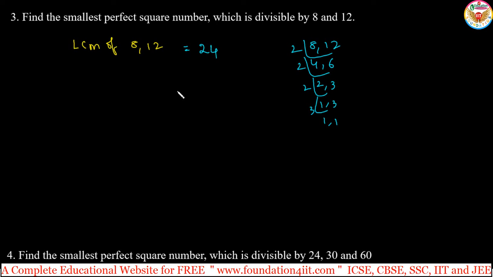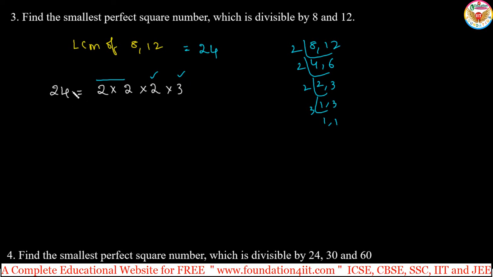But to make it a perfect square, what must be multiplied? 24 is not a perfect square, but 24 is nothing but 2 into 2 into 2 into 3. This is one pair, so an extra 2 and 3 should be multiplied.